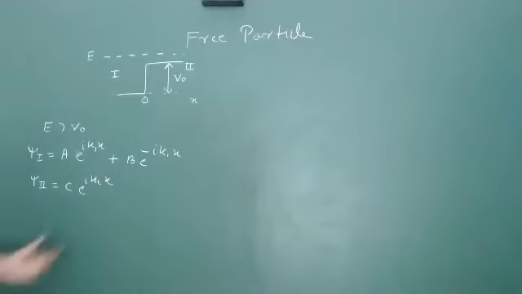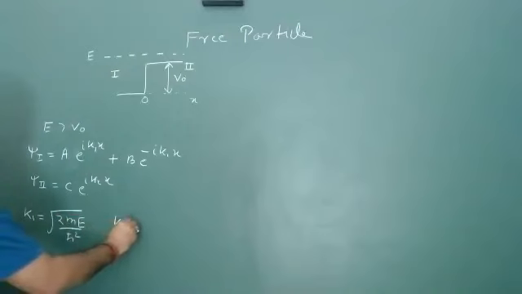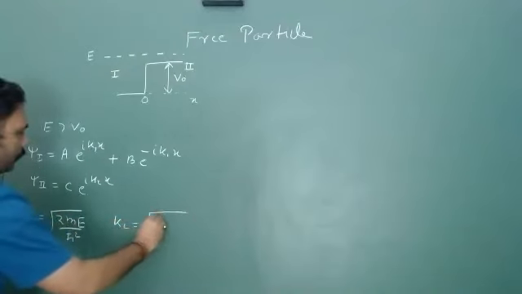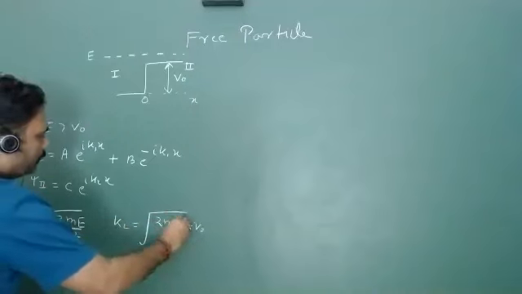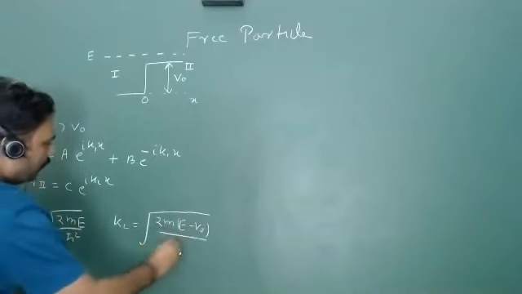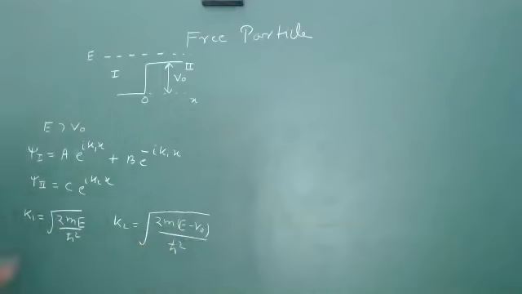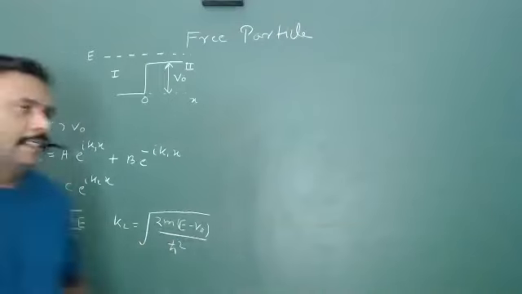You remember that we have taken D equal to 0, where k1 is equal to root under 2mE upon h cut square, and k2 is equal to root under 2m(E minus V naught) upon h cut square. These are the things we have done in the last class.